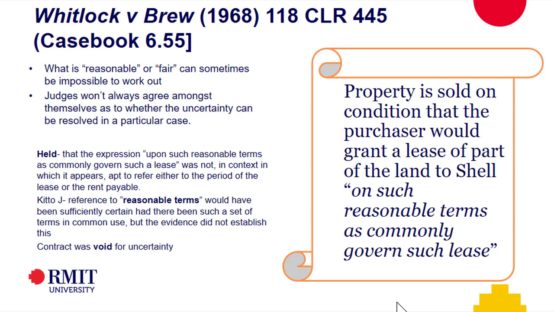If suddenly one of them says, well, we need to do it for twice as long and half the price, it's probably not going to be reasonable. But words like reasonable or fair open up that question for us. Is it certain? What is reasonable or fair? Is there a benchmark?